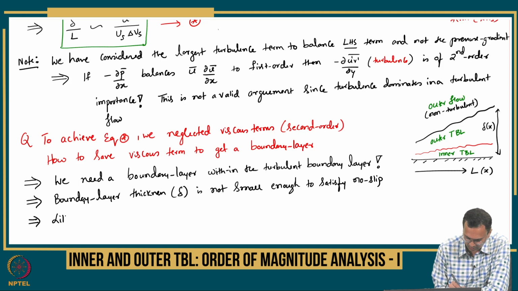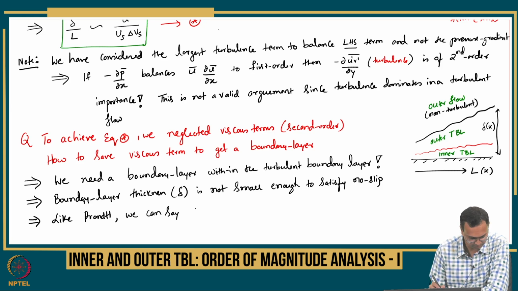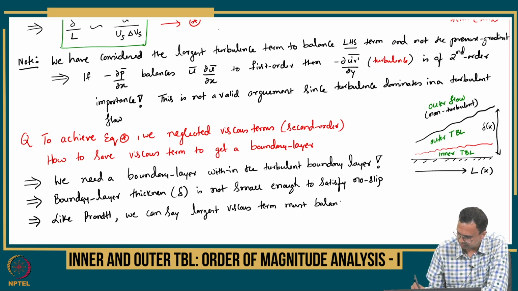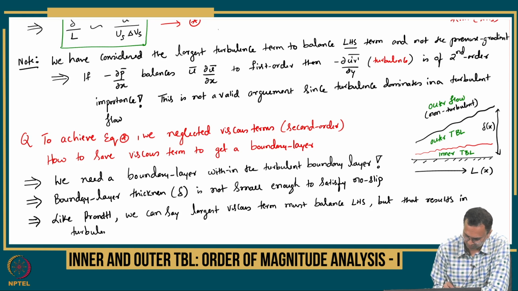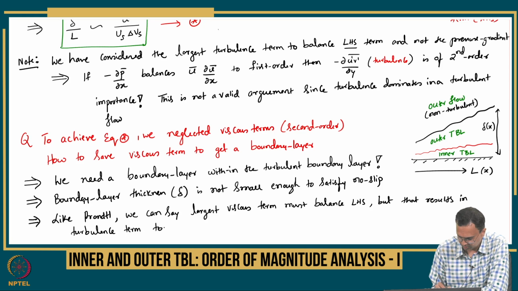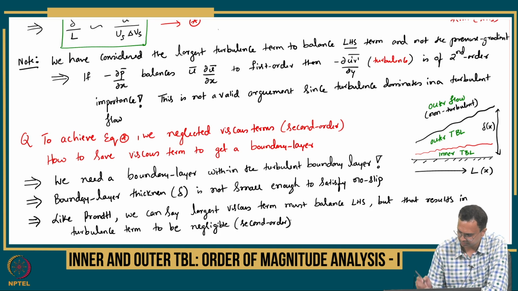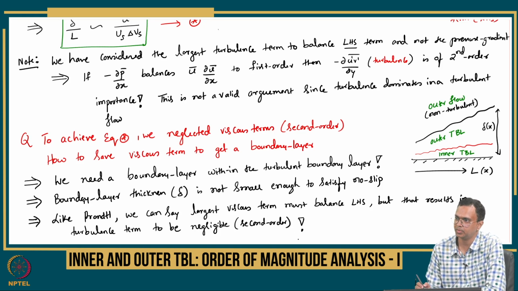So, like Prandtl, we can say the largest viscous term must balance the largest LHS term, but that results in the turbulence term being negligible, or of second order importance. That we don't want, right? Turbulence has to be of first order importance.